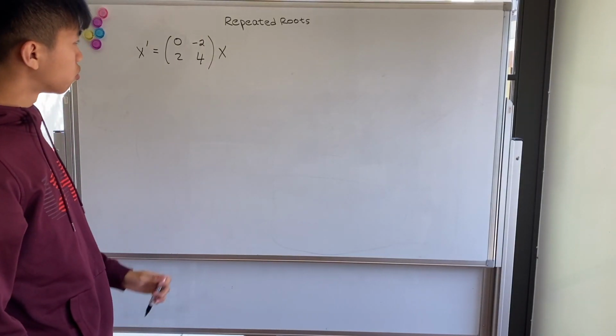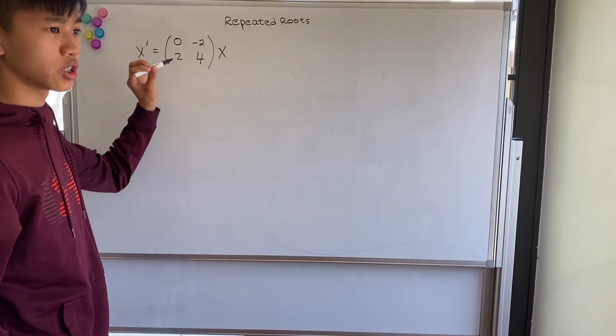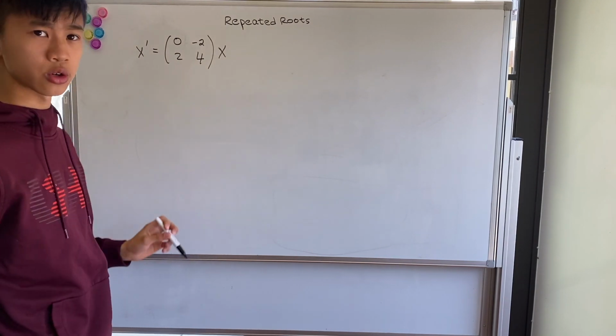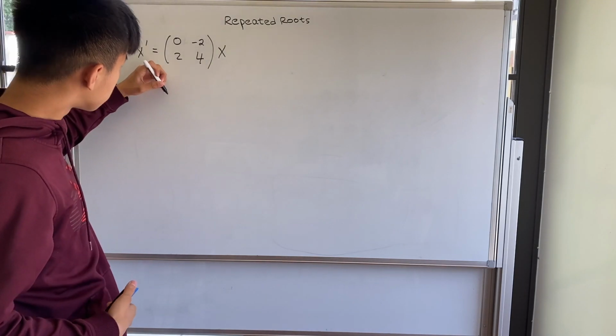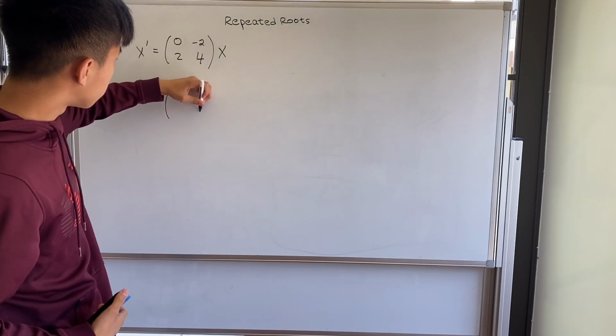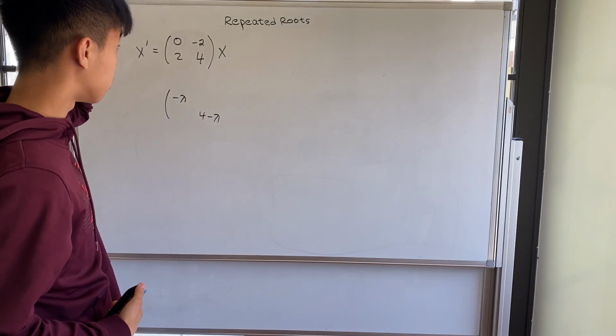So, what happens when you have a matrix such that the eigenvalues are repeated? Well, let's find out. Let's first start off by finding the eigenvalues.